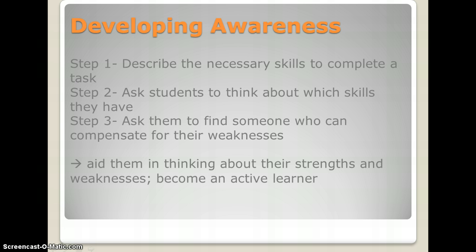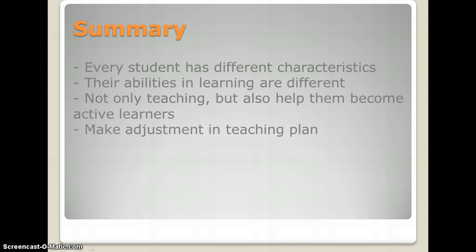And lastly, we can ask them to find someone who can compensate for their weakness. These steps can aid them in thinking about their strengths and weaknesses, and at last, they can become an active learner.